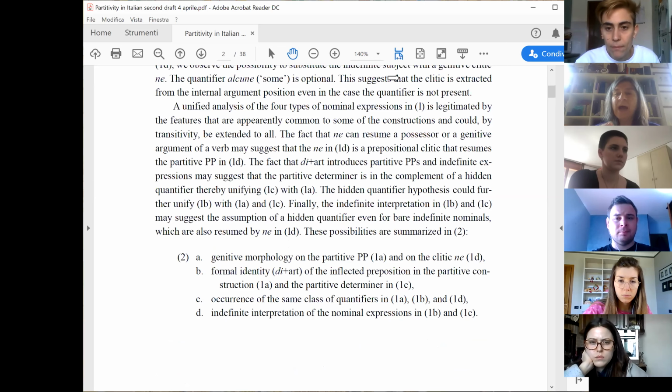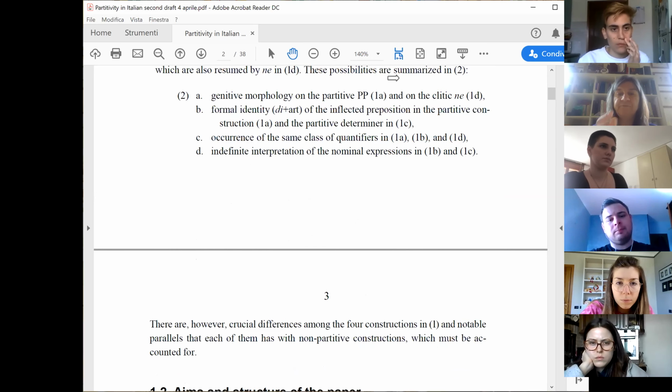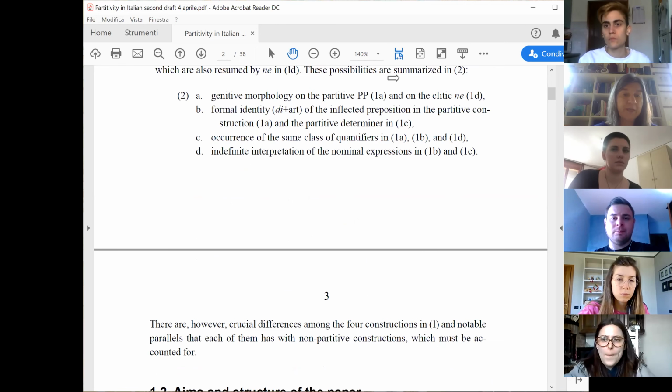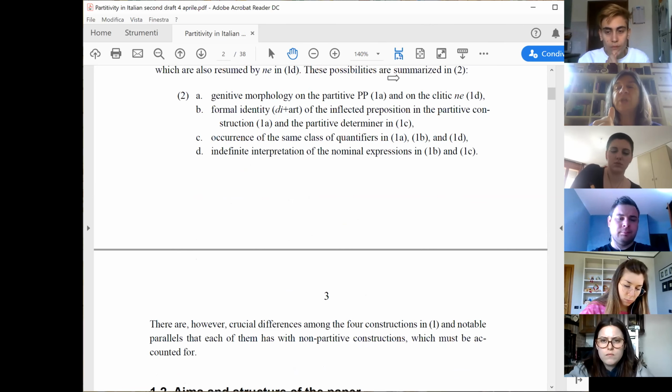So in 2, I summarize the formal and semantic properties that may suggest unification. Basically, we see genitive morphology, right? We see a form ne, which is also a clitic that resumes a possessor, or resumes a genitive assigned by a verb.